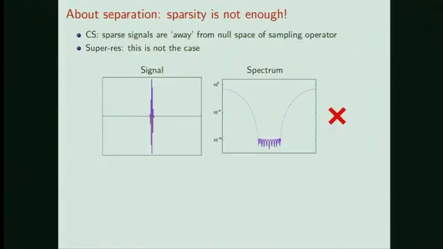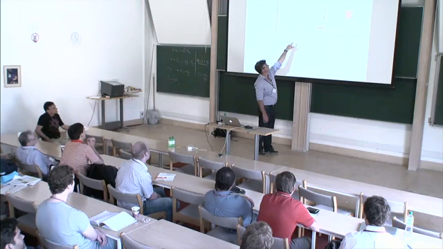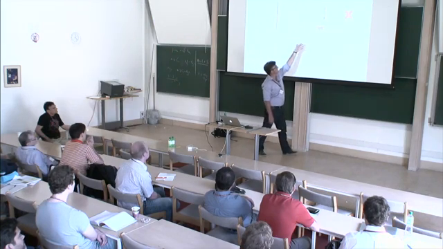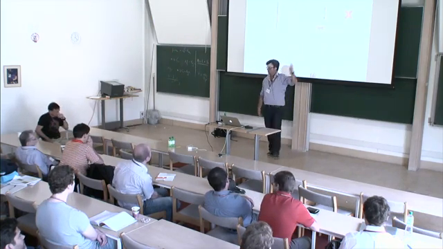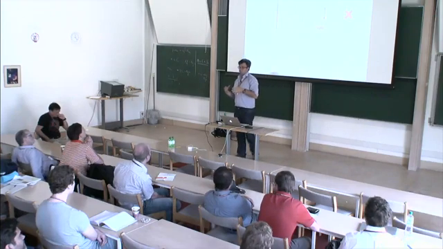So let me explain the distance condition. Algebraic methods do not need the distance condition. But on the other hand, here is a very sparse signal, which is on the left. And you see its spectrum on the right, in log scale. You see that this signal has no energy in the low frequency part.